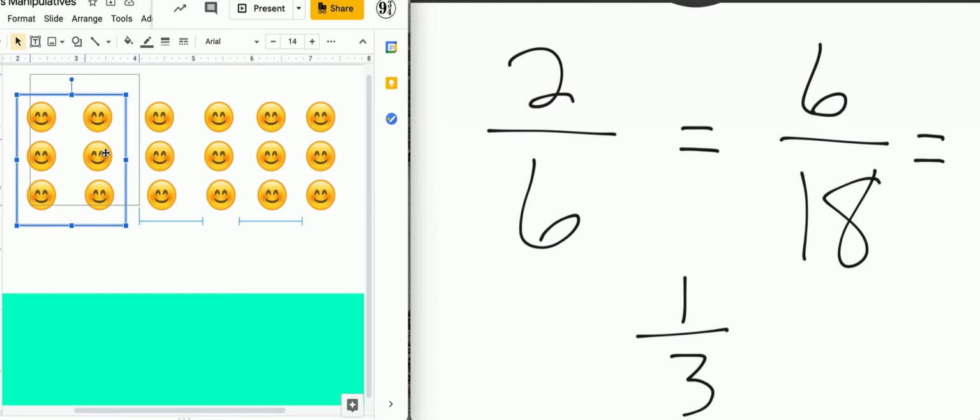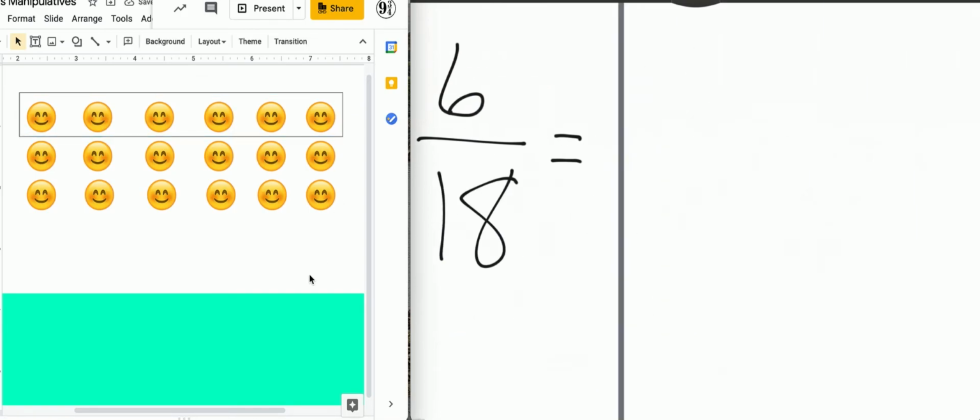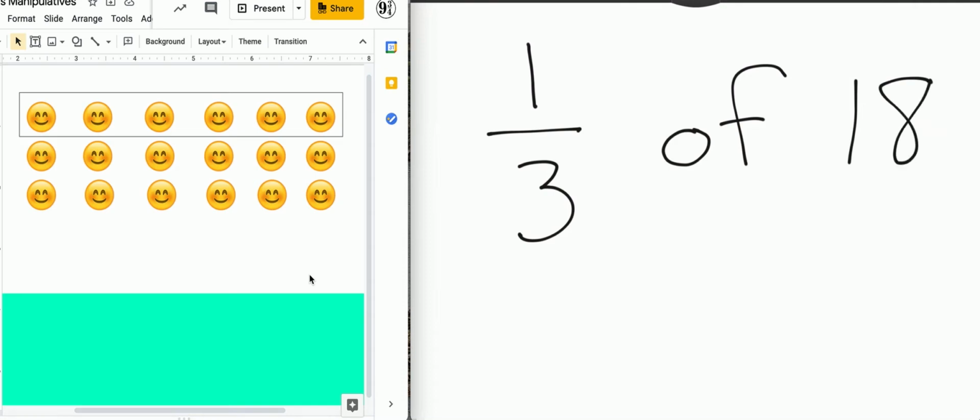Now, here's how this can be quite helpful. What we're actually doing here is multiplying fractional parts, or taking fractions of a larger number. Let's go back to this original piece that we had here. I want to think about taking fractional pieces of larger whole numbers. In this case, we have 18 smiley faces, and we've already established that this top row is 1/3 of the total number of smiley faces.